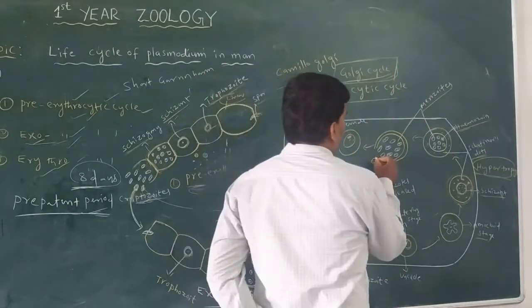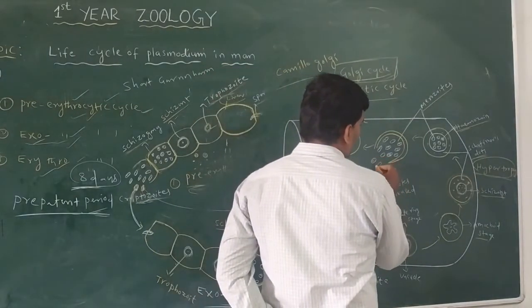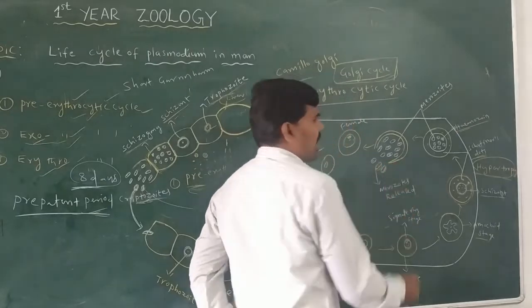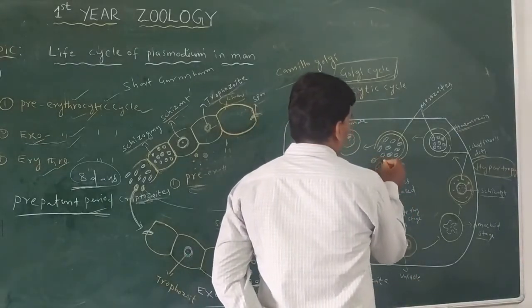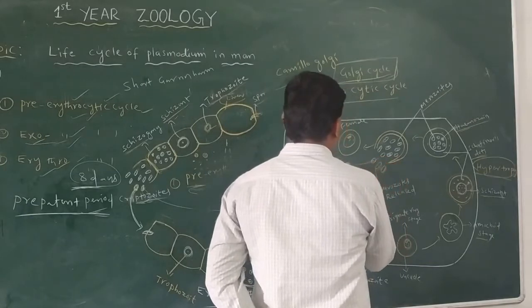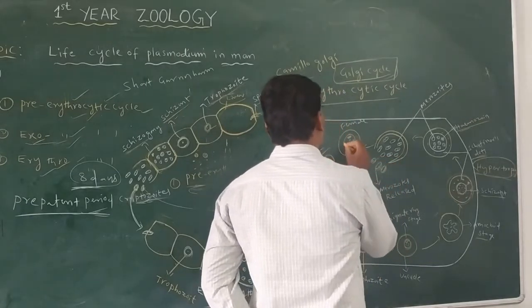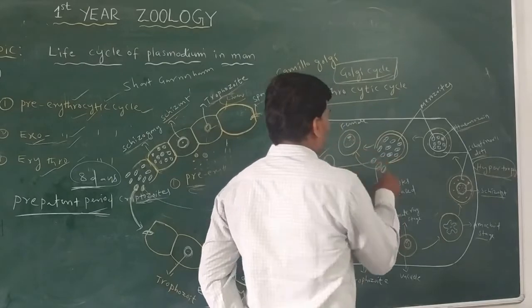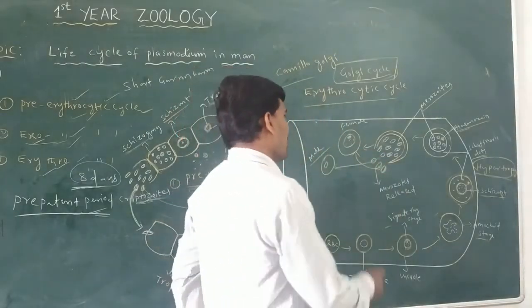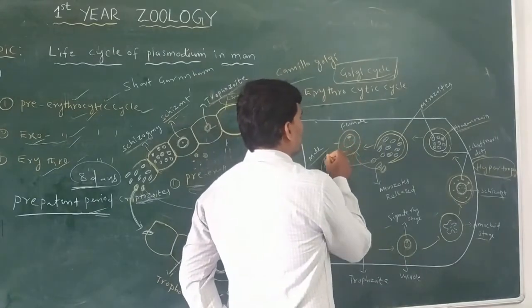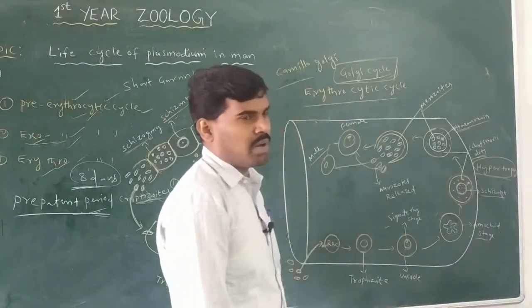The released merozoites are of two types, of unequal sizes. The small size is called male gametes and the big size is called female gametes. The male and female gametes are released into the blood in human beings.